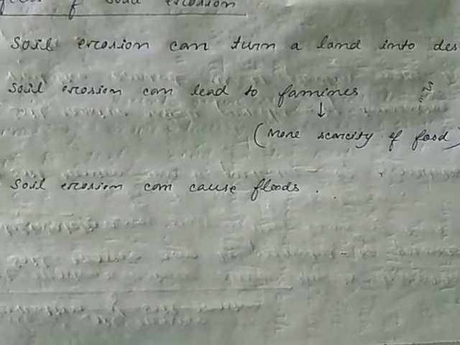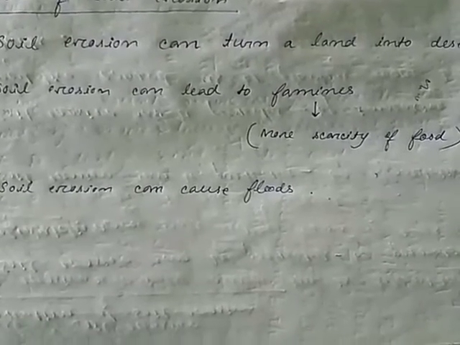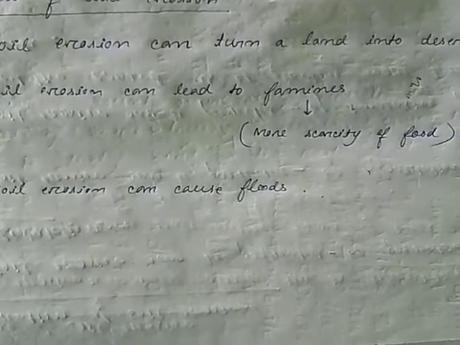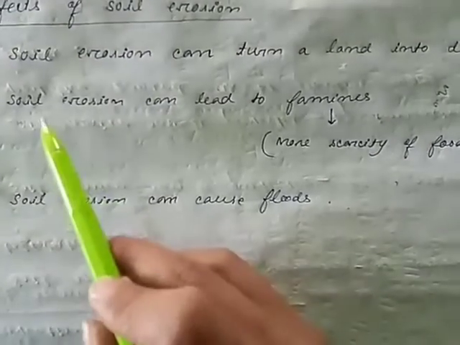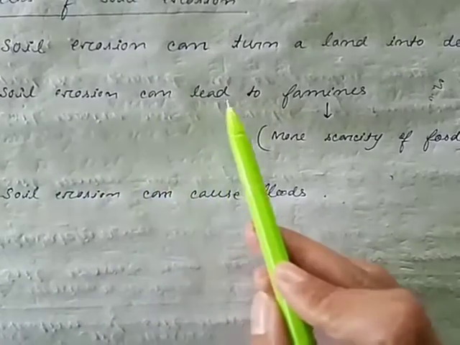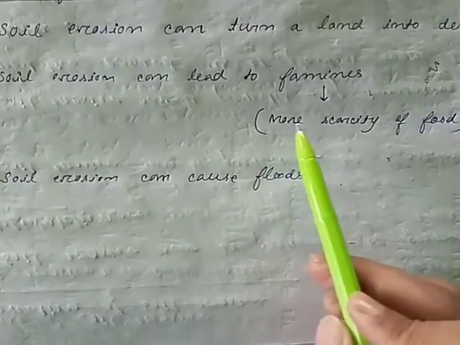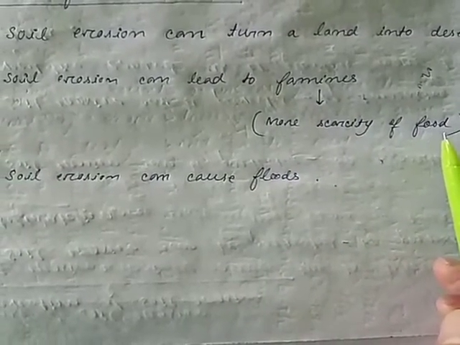The subsoil will be left behind, and we already know that subsoil is not suitable for growing plants and vegetations. So if we cannot grow plants and trees after soil erosion, then how can we get the required amount of food that we need? So soil erosion causes famines, that is more scarcity of food.